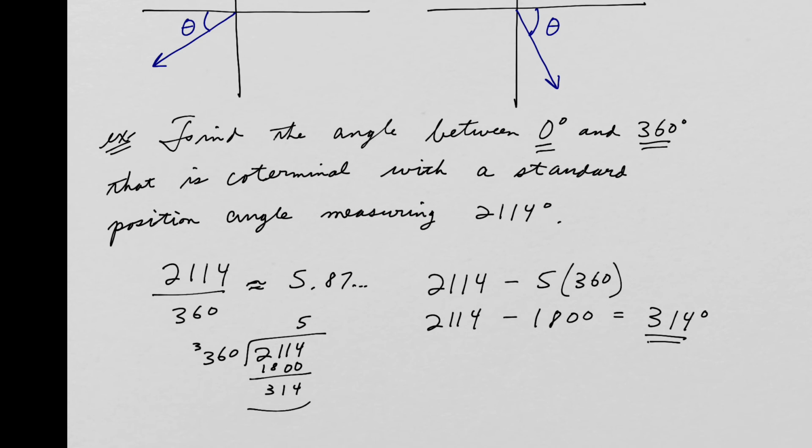We know that remainder must be the coterminal angle, 314 degrees. So you could do it either way. You could divide it and get a decimal in your calculator, then subtract the whole number piece times 360 from your angle, and that will give you the remaining angle, the coterminal angle. Or you could divide it and look at the remainder, and that will also give you the same answer.